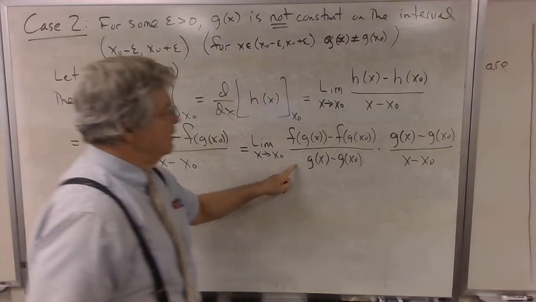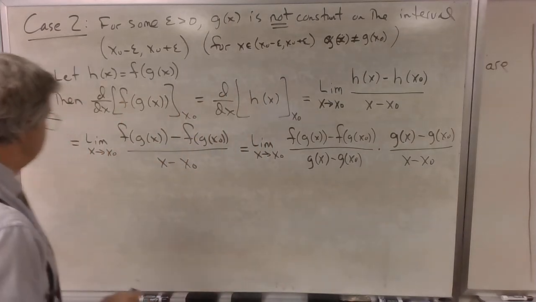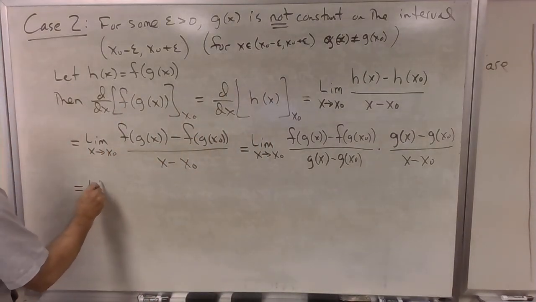Here I have the limit of a product. I'm going to turn that into the product of the limits.